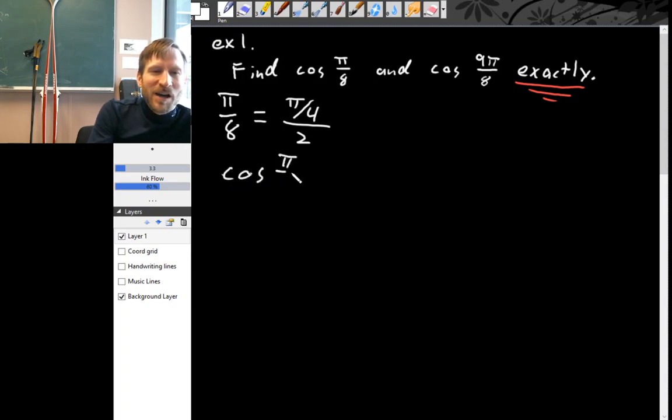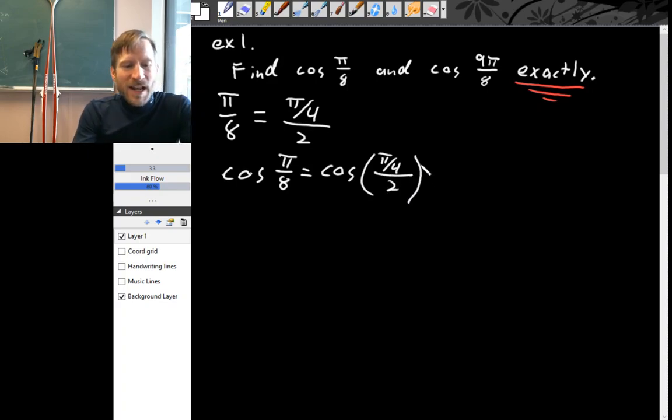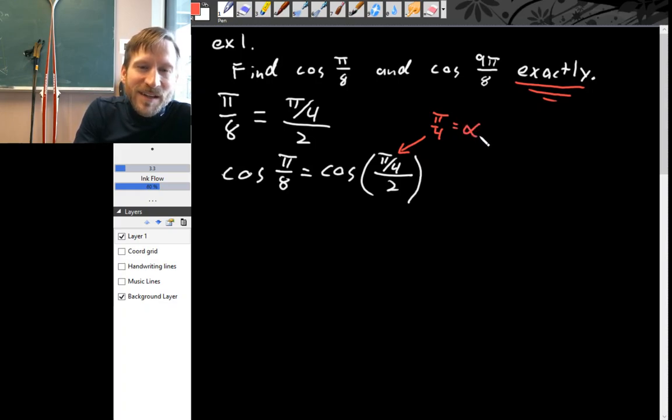Cosine pi over 8 is cosine of pi over 4 over 2. And now if you look at the half angle identity for cosine, it looks like pi over 4 is playing the role of alpha in the half angle identity for cosine. So let's use the half angle identity for cosine with alpha equal to pi over 4.